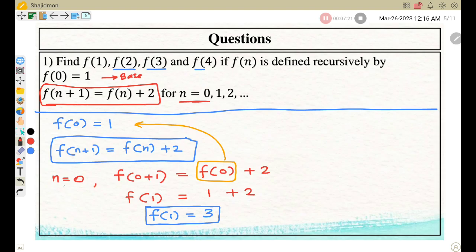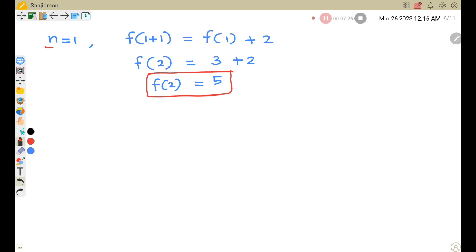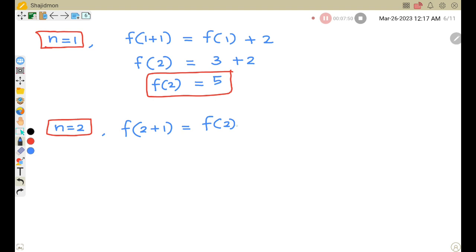So we got the next value, f of 2 equals 5. First we applied n equal to 0, we got f of 1. Then we applied n equal to 1, we got f of 2. Now just substitute n equal to 2. So f of n plus 1, n plus 1 means 2 plus 1 equals f of 2 plus 2, correct?